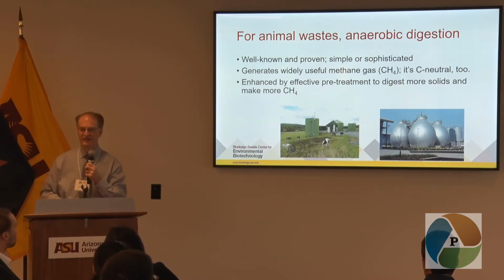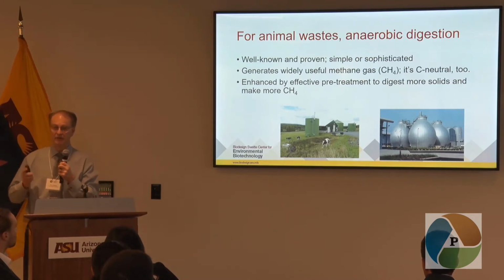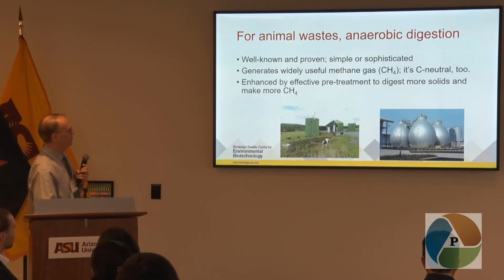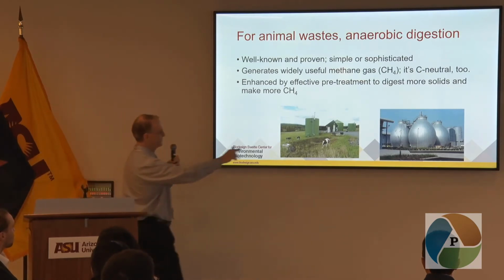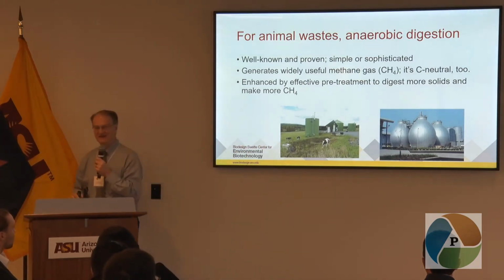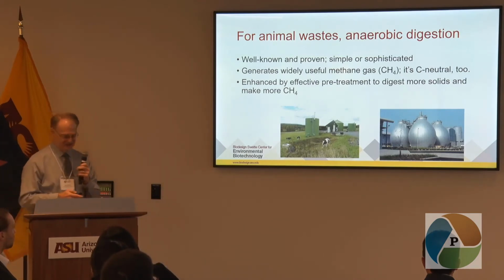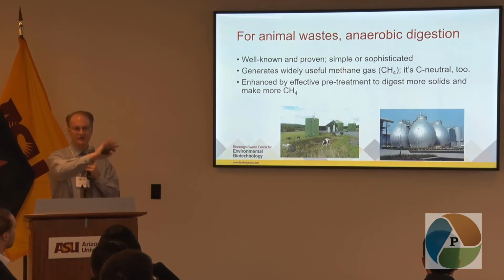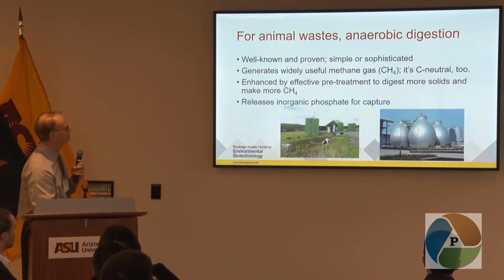I'm not going to talk about the details of pre-treatment today, but there are a number of pre-treatment technologies out there now that can help us get a lot more energy and a lot more phosphorus out of these wastes. By the way, the pictures down there, the one on the right is a very sophisticated, fancy anaerobic digester, and the one on the left is a really simple one. So you can go from really simple like the left to really sophisticated on the right.